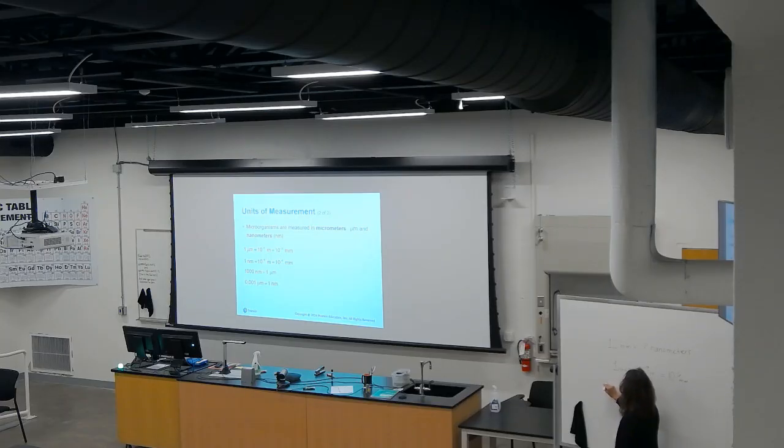So in 1 meter, we have the number of zeros, right? Nanometers. And then 1 nanometer equals 10 to the minus 6 millimeters.